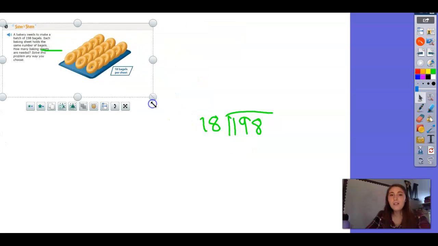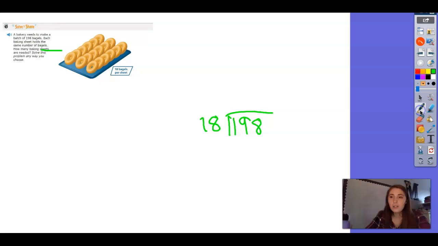When I look at the hundreds place, can I fit 18 into 1? No, 18 is way too big. So I'm now going to see if I can fit 18 into 19. Does 18 fit into 19? Oh, yeah, it does, one time.